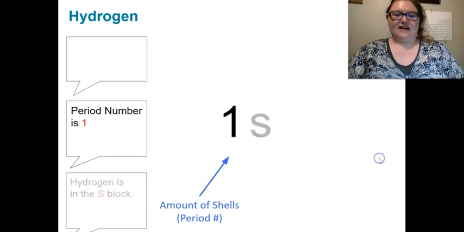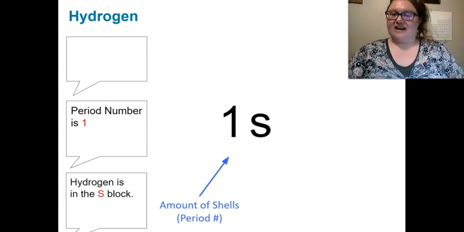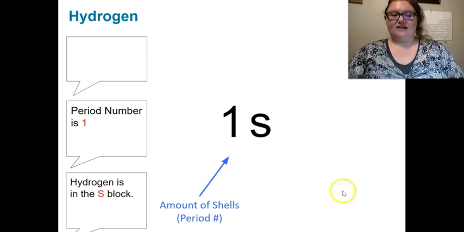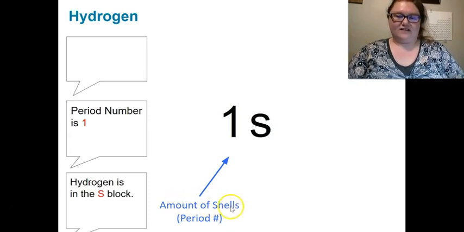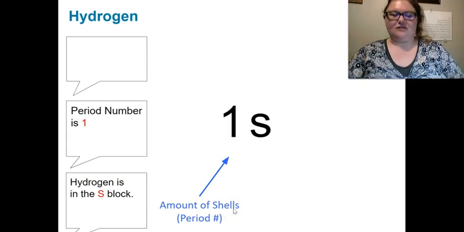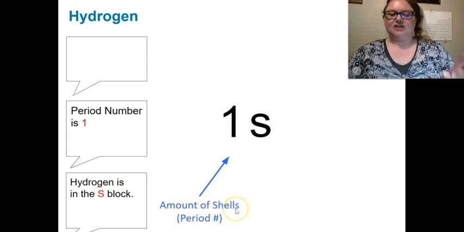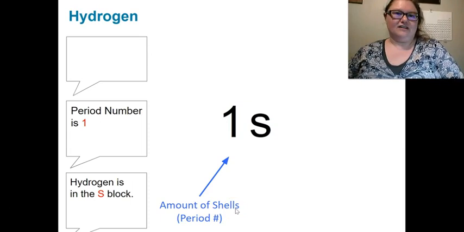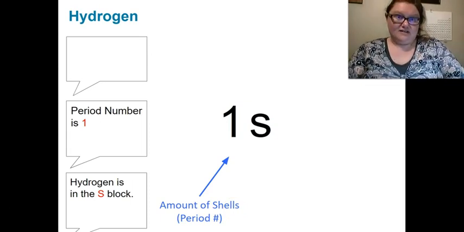Then we said that the block was S, so that's written next. Now, I just want to clarify something. Shells is written here. I tried to correct all those, but I must have missed this one. Shells and electron energy level are equivalents.